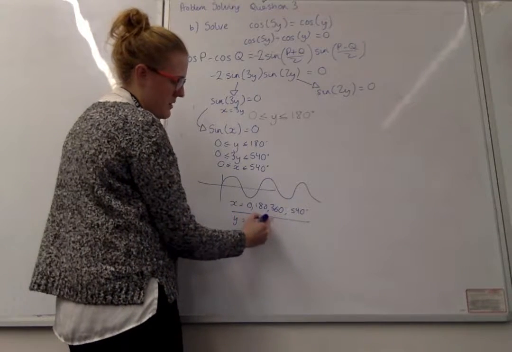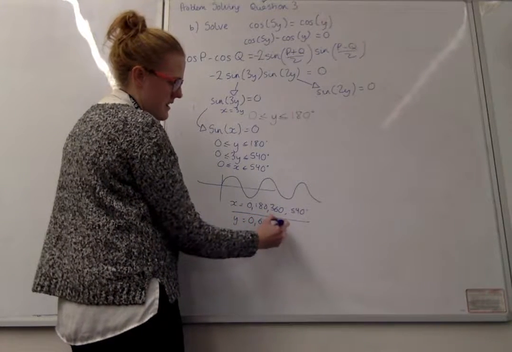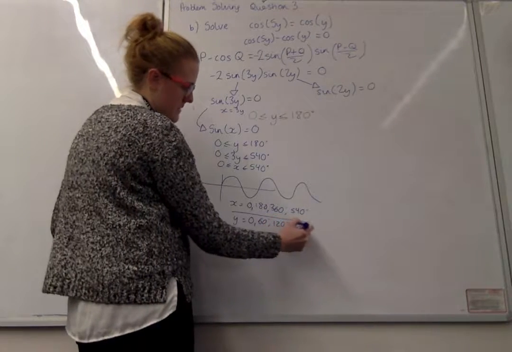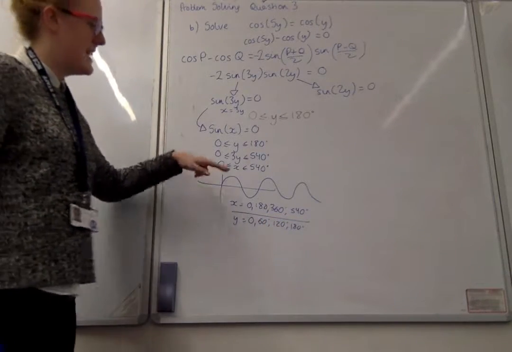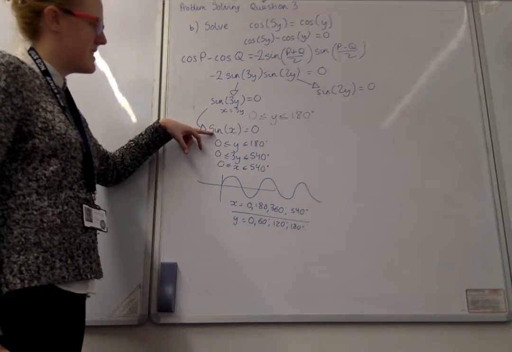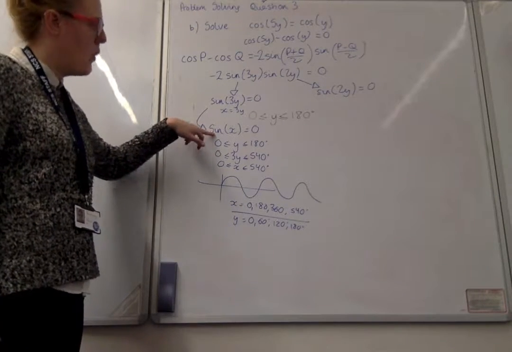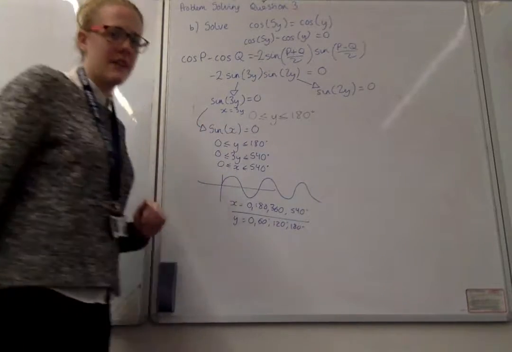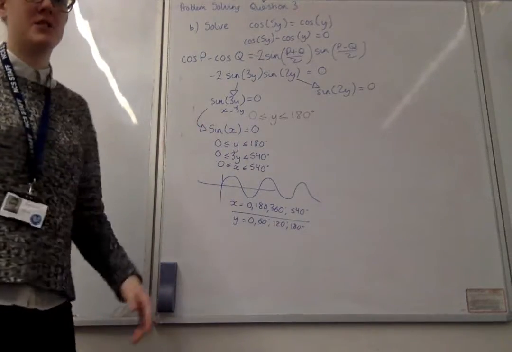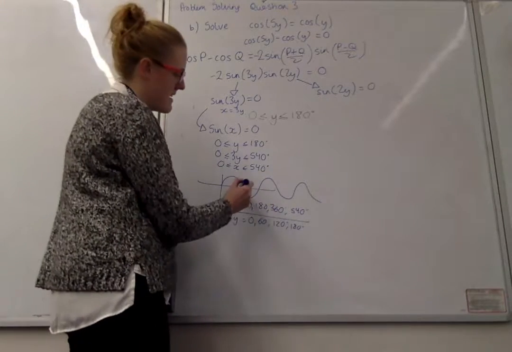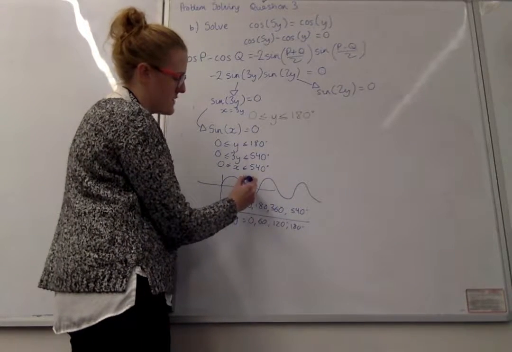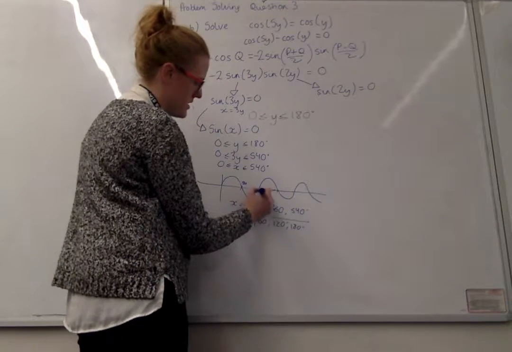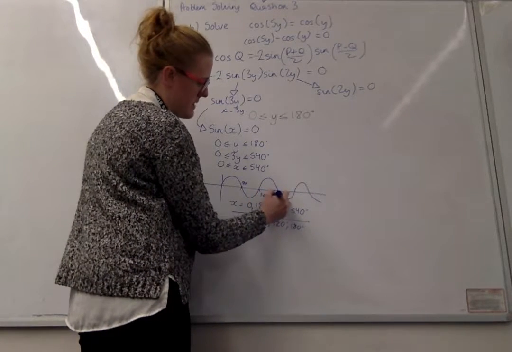So 0, 60, 120, and 180. So I've imagined that it's an x, worked out the solutions for that, and then brought it back into y afterwards. That's just personally how I do it, rather than having to translate and transform this graph at all. So my solutions were those ones there.